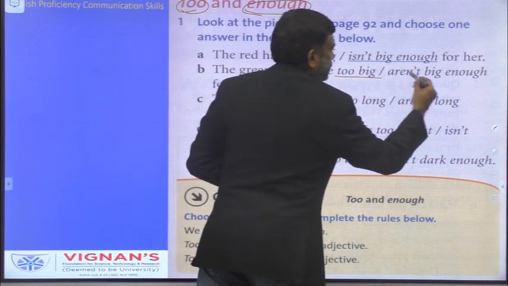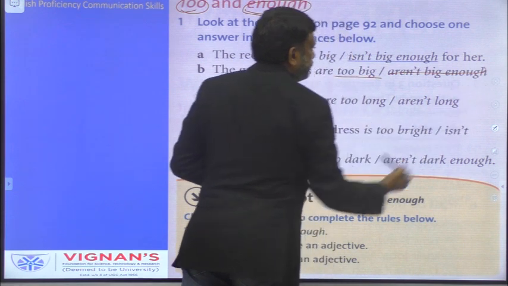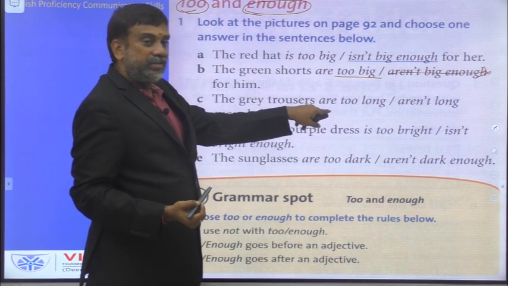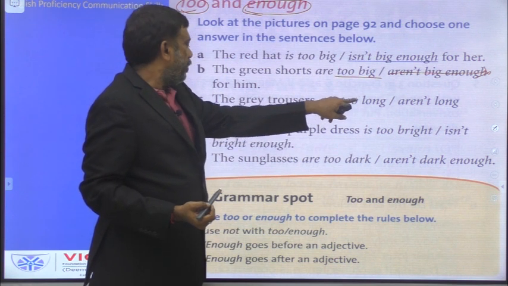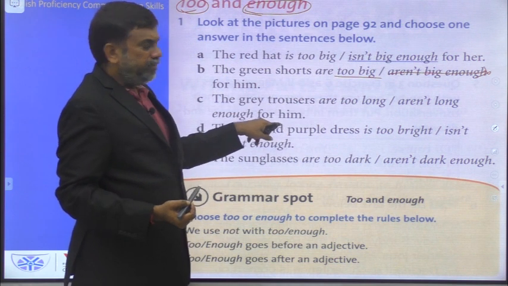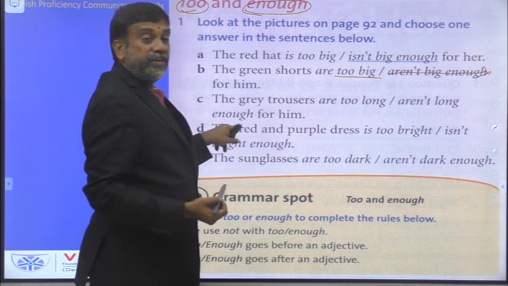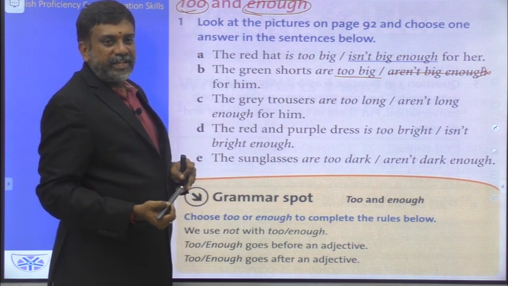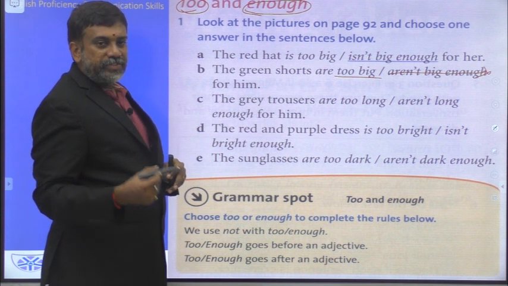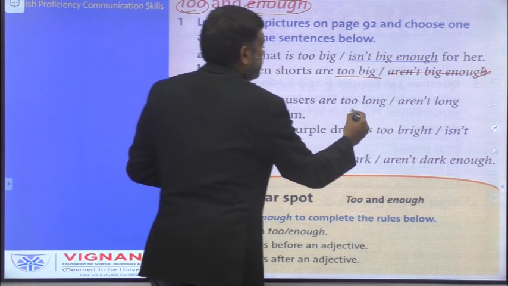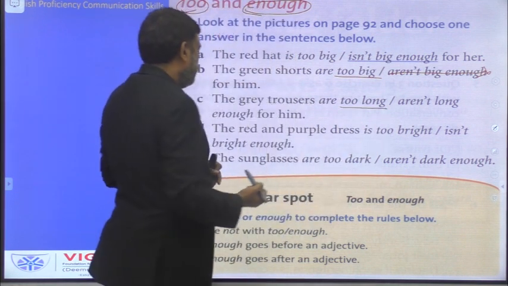The answer is not this one. So, the grey trousers are too long for him, or the grey trousers aren't long enough for him. Which one is the right answer? What is your guess?